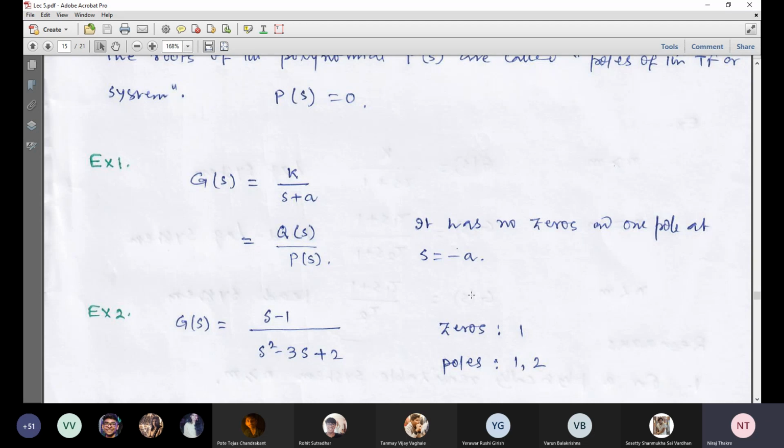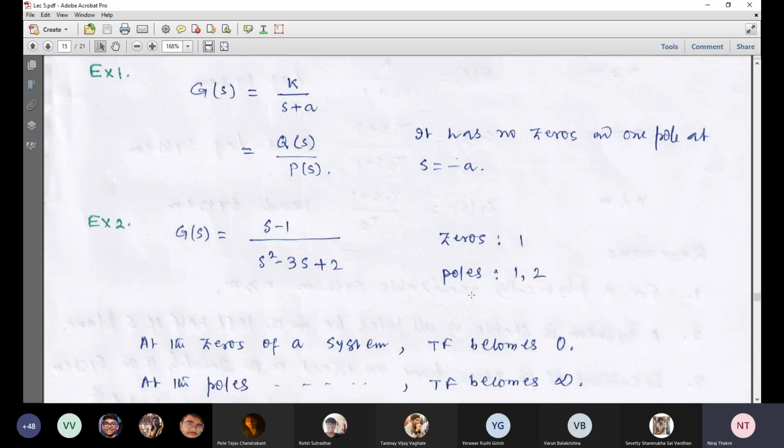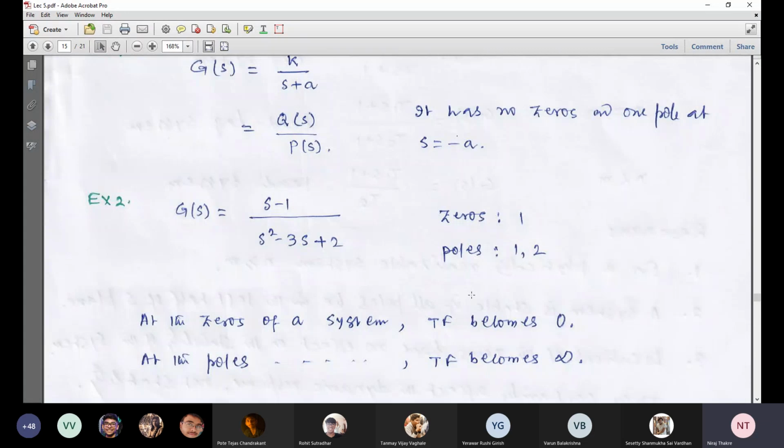In the second example, we have a single zero, equal to 1, and we have 2 poles: one is 1, another one is 2. Now based on this, we can comment that at the zeros of a system, the transfer function becomes 0, and at the poles of a system, the transfer function becomes infinity.